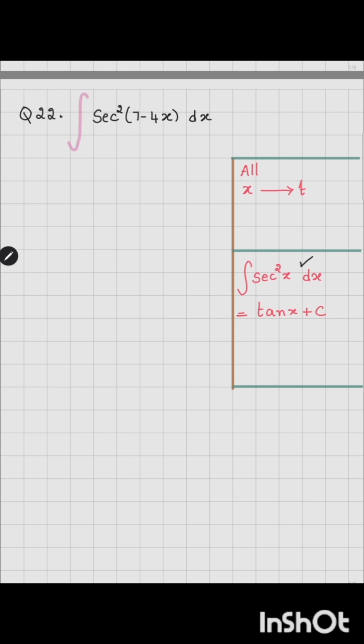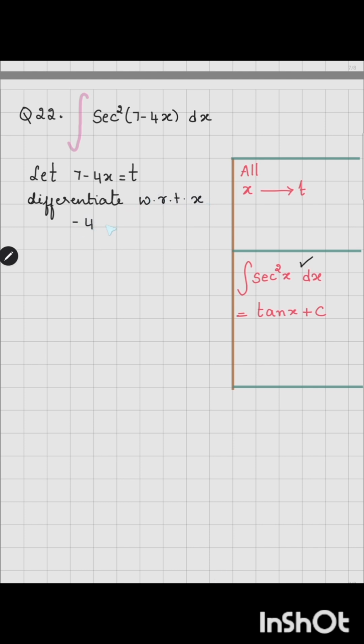This is quite simple because we know the formula: the integral of secant square x dx is tan x plus c. So there is no need to change the original secant square function. Now by the substitution method, let 7 minus 4x equal t. Differentiate with respect to x.